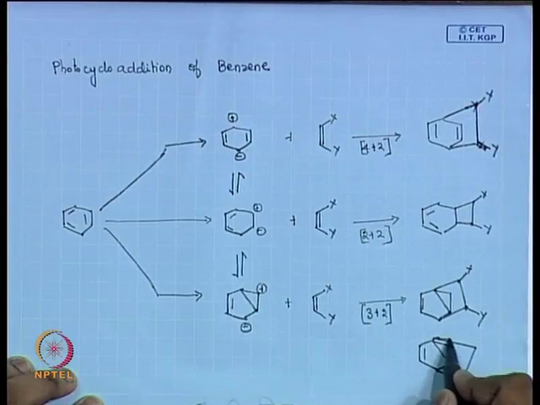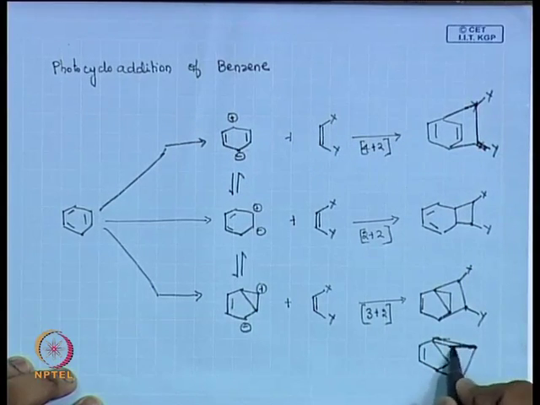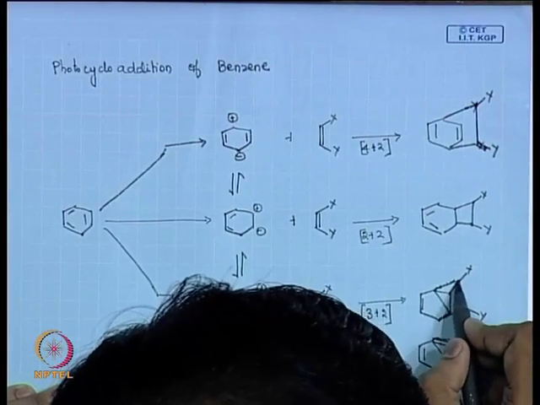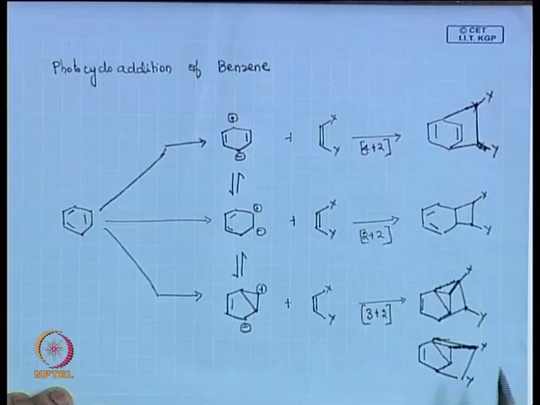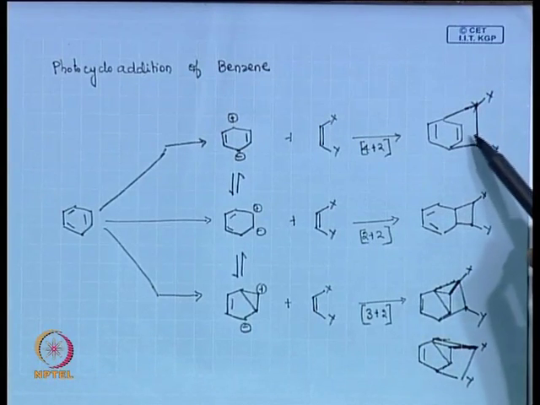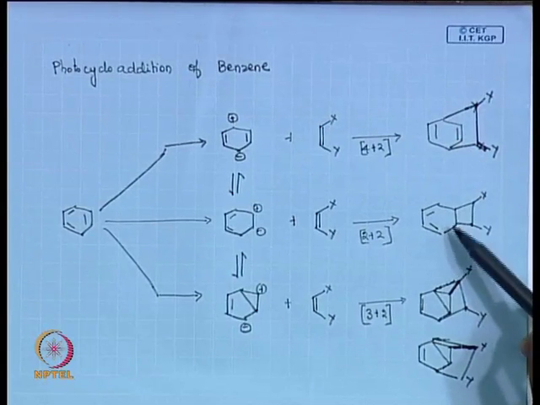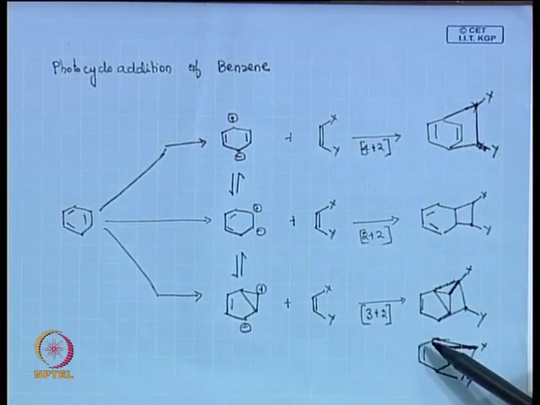Oh, sorry, I have taken from here, X Y. So, I can think of now 3 products: one 4 plus 2, okay, 2 plus 2 and 3 plus 2.